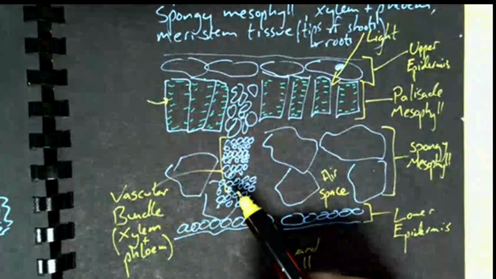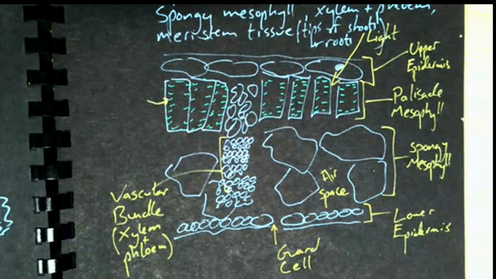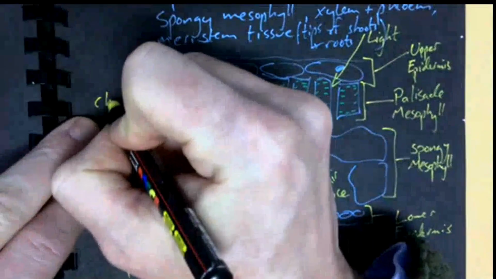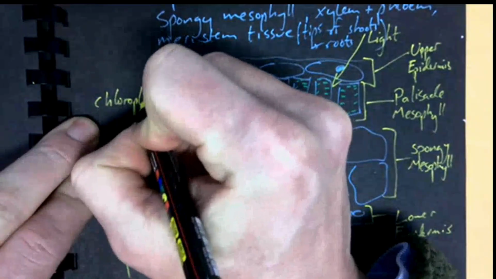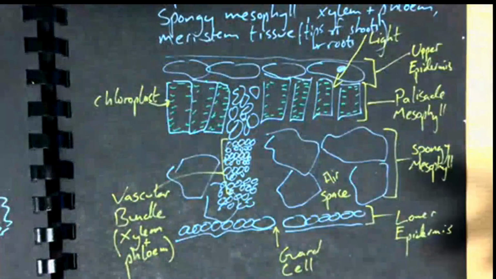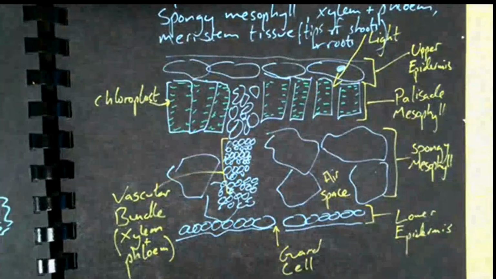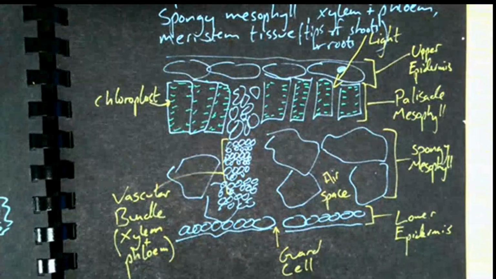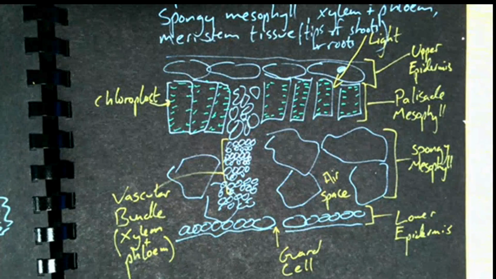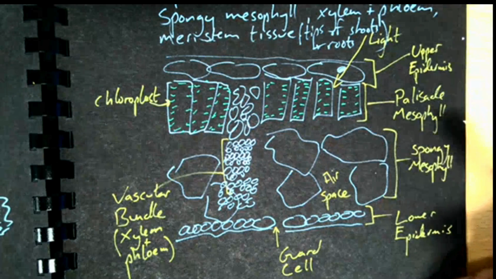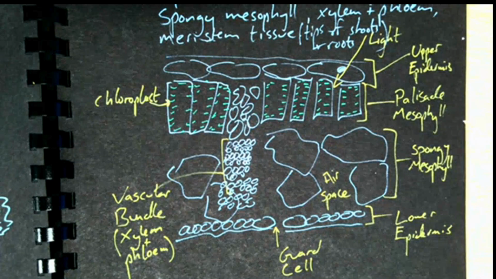They'll be in this sort of bundle running through the leaf. And then my final little label up here was of my organelle. Mustn't forget that, my chloroplast. So it's worth being able to identify where all of those parts are, because actually we need to know a little bit about what each of those is for, what its function is, and how it's adapted to that function.